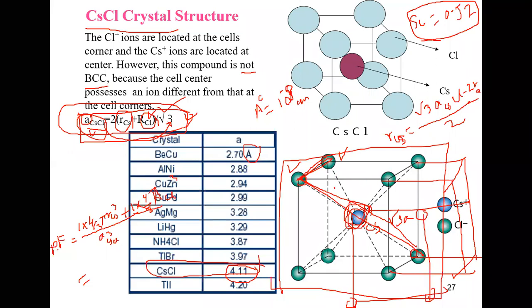Why is it non-ideal? Because in an ideal simple cubic crystal structure, atoms are located only at the corners. There is no atom at the body center position. However, in this case, there is a different atom at the body center position, and due to this body centered atom, its packing factor increases. Now, if we look at materials, some intermetallic compounds like beryllium copper, aluminum nickel, copper zinc, copper palladium, silver magnesium, lithium mercury, ammonium chloride, thallium bromide, cesium chloride itself, and thallium iodide have this sort of crystal structure.